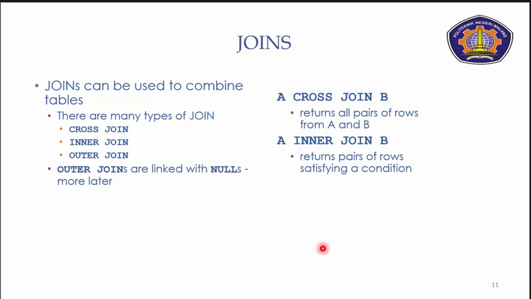A cross join returns all pairs of rows from the two tables, and an inner join returns the pairs of rows that satisfy a condition. So in an inner join, it will return the pairs of rows in both tables that satisfy the condition inside it.